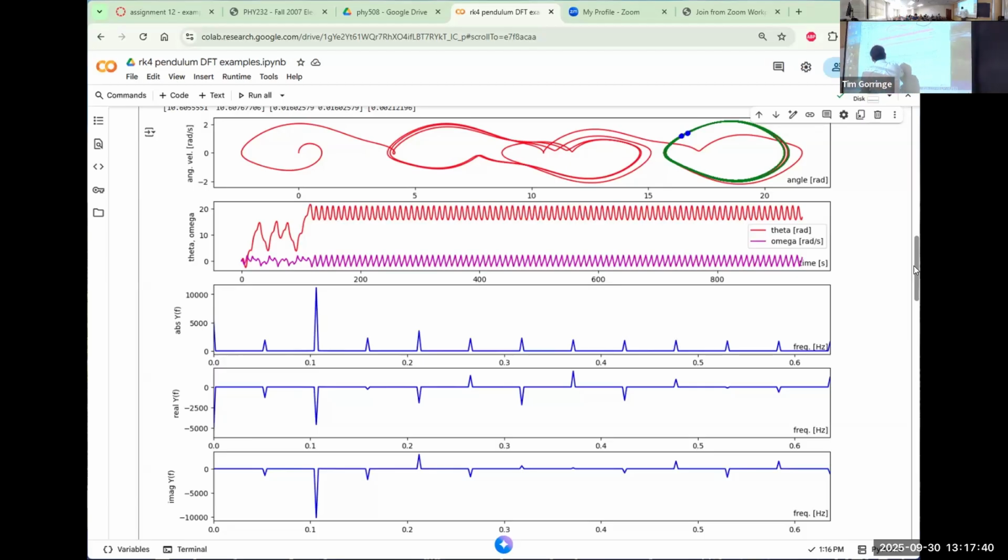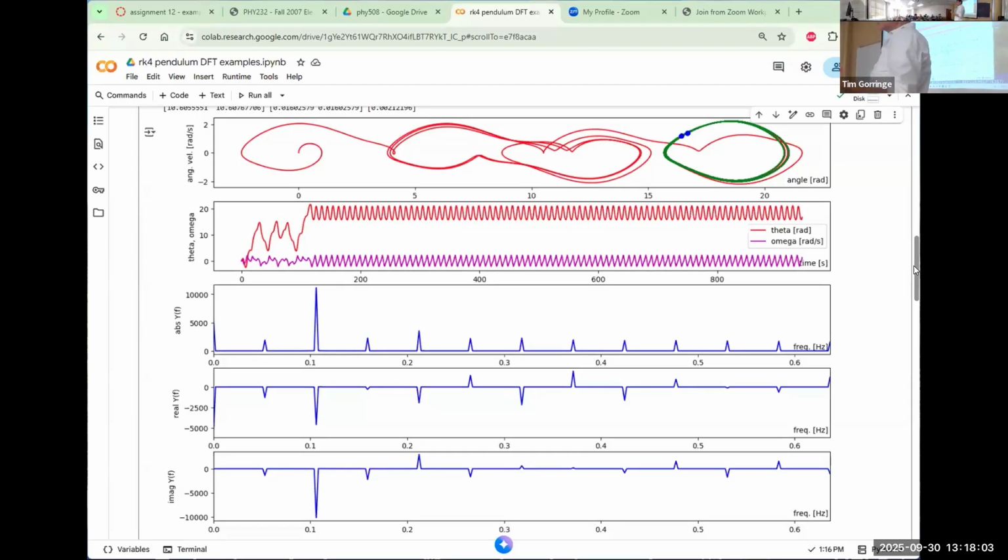Like before, we see the driving frequency, which was at 0.11. We also see multiples, harmonics of the driving frequency. Here's 0.22, here's 0.33. But we see other frequencies too.